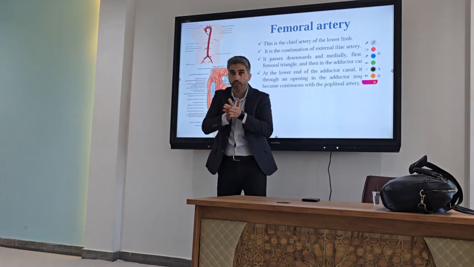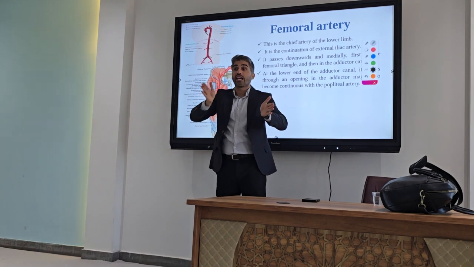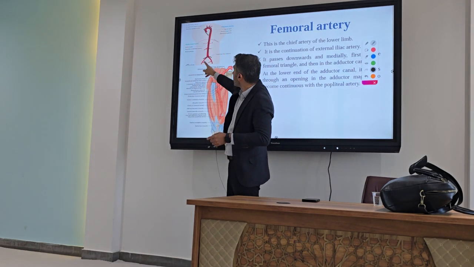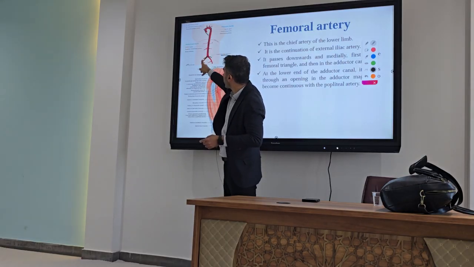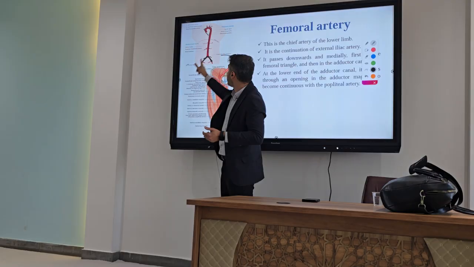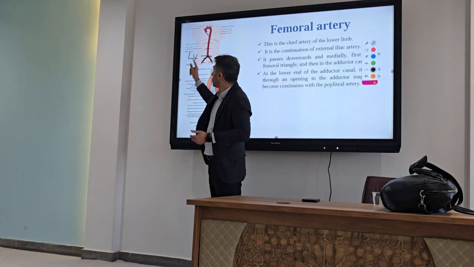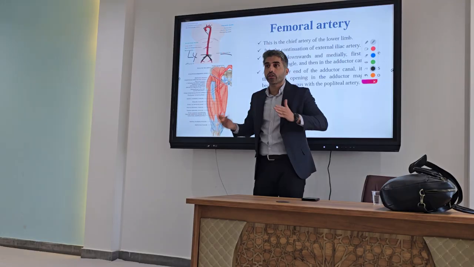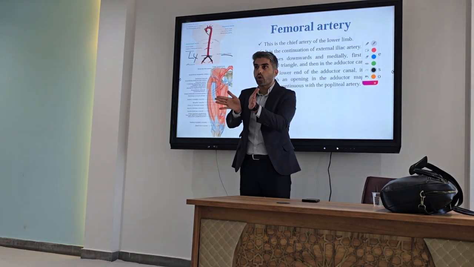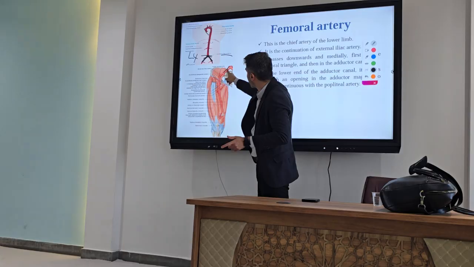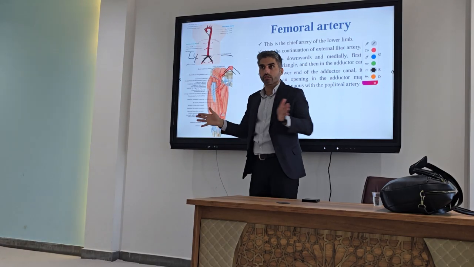Finally, the aorta divides into two branches, the common iliac artery right and common iliac artery left. The aorta finishes at the level of L4 of the vertebral column.